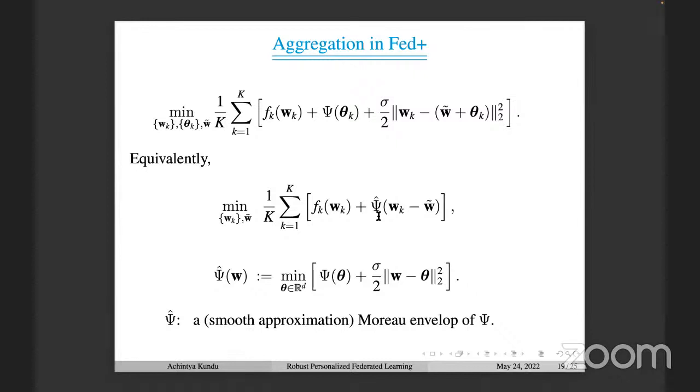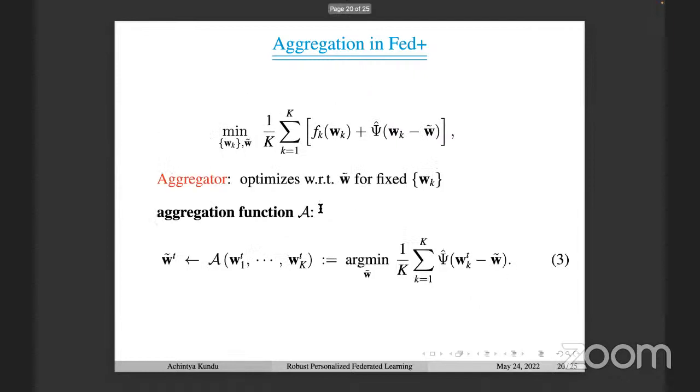Now you see that once you freeze WK, optimizing over W tilde only involves the psi cap functions. There's no role of FK. That means you are completely detached on the server side. So here we want to optimize over the W tilde for a fixed set of WKs, and if we do that, we call it the aggregation function.